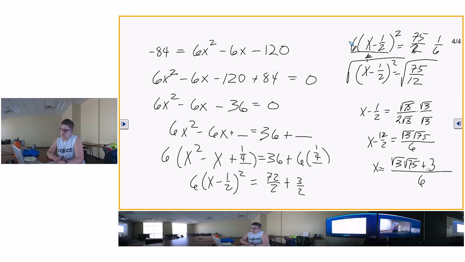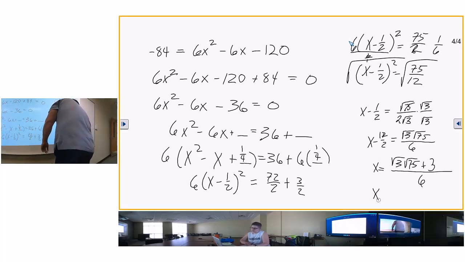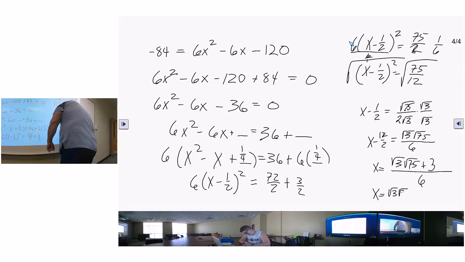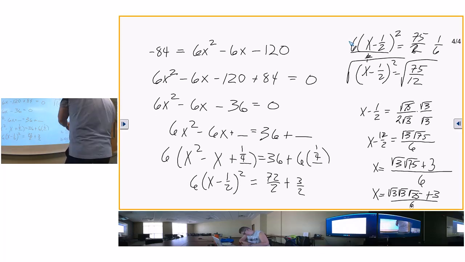Then x is equal to the square root of 3 times the square root of 25 times 3, plus 3 over 6. Square root of 3 times 3 is 3, so that's going to be 3 times 5. It's going to be positive or negative 18 over 6, which is positive or negative 3.